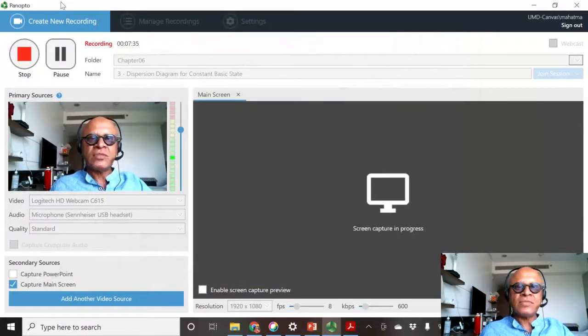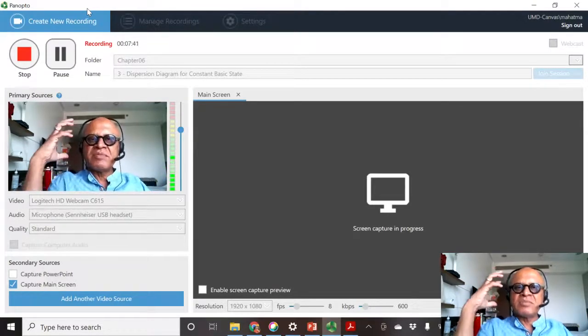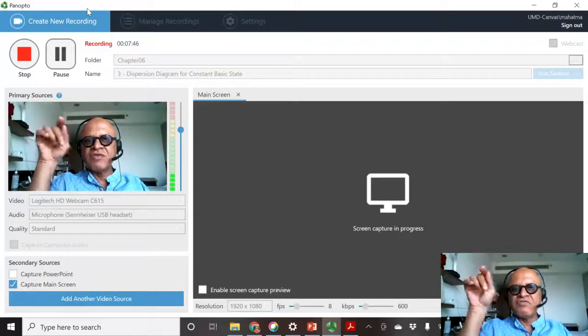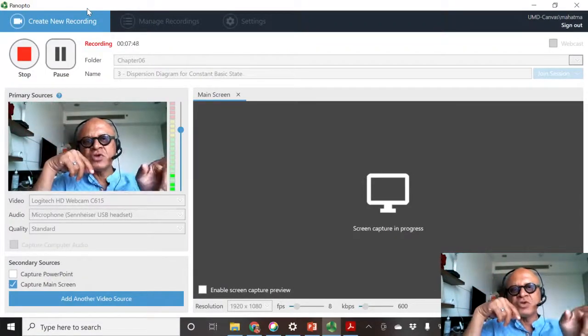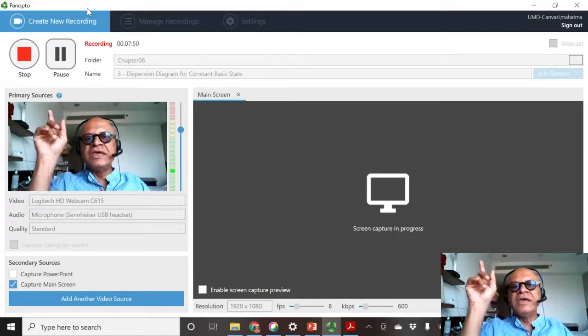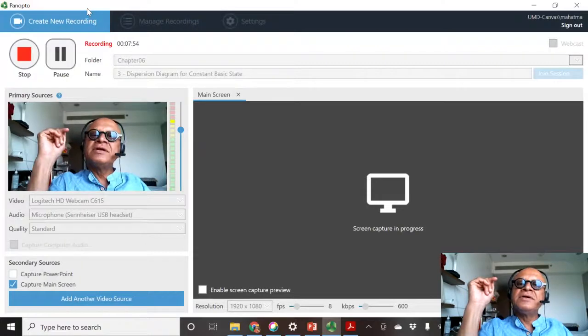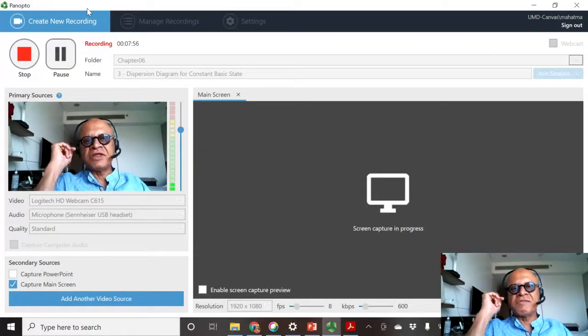Okay, so just remember this constant basic state dispersion diagram. It's very easy to remember in terms of the basic families of waves: the Kelvin wave, mixed Rossby gravity wave, equatorial Rossby waves, and the eastward and westward inertial gravity waves, and the dependence on the equivalent depth.